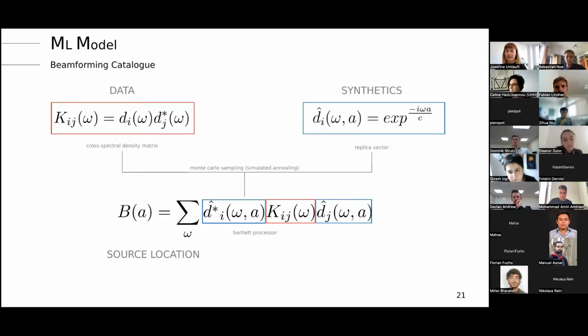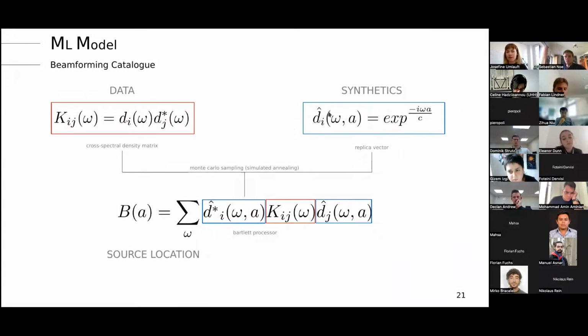So the synthetic data can be computed in different ways. We chose to just use a simple phase term. That's mostly what I do actually, to leave the search very, very open and not assume any source mechanism here.